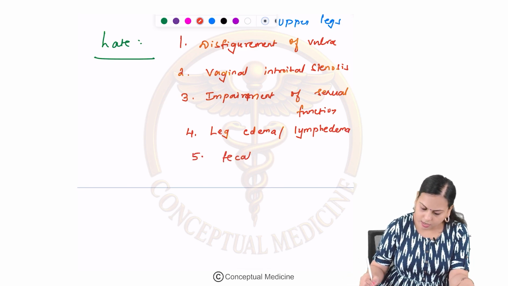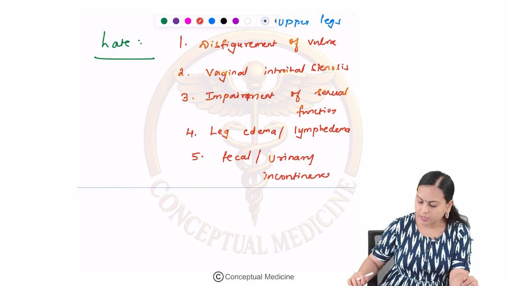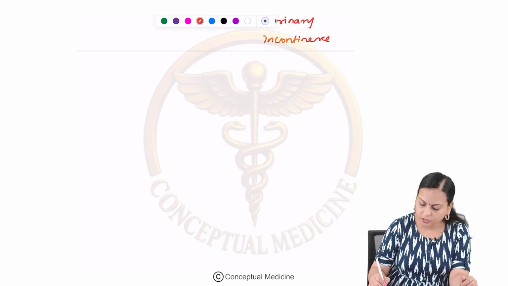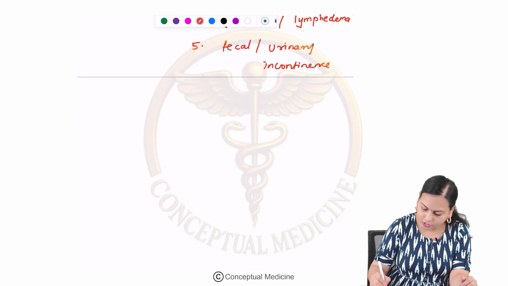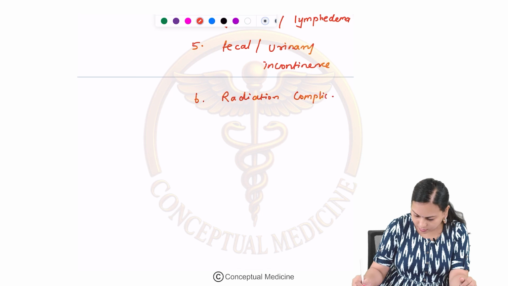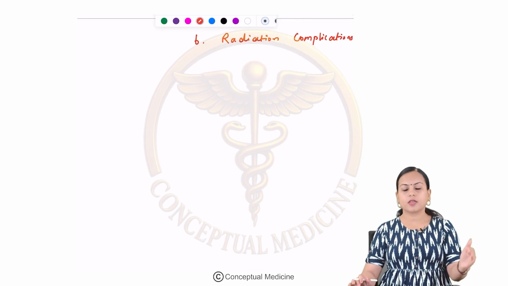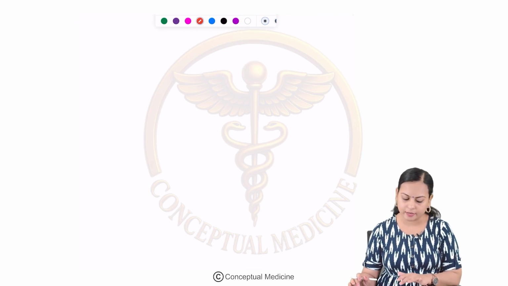Fecal and urinary incontinence can also be there. There can be complication of radiation. Okay, radiation complications. So, because of this, we have to follow up all the cases regularly.